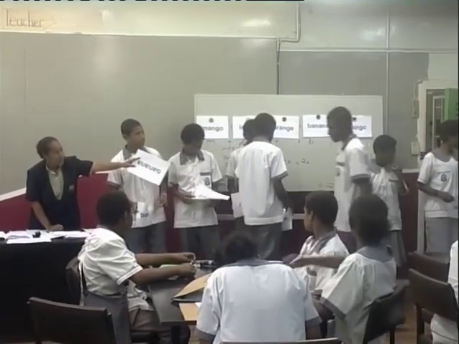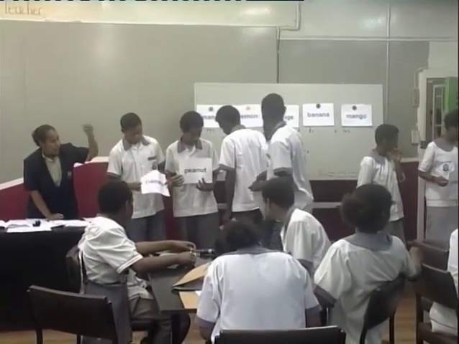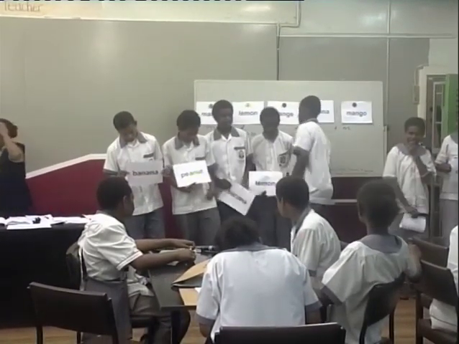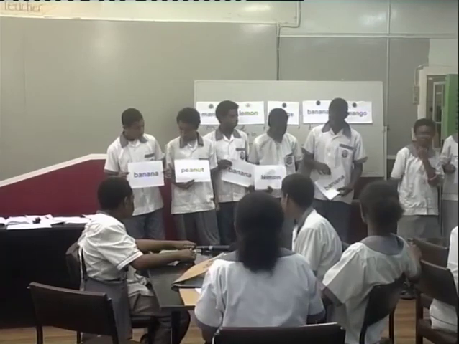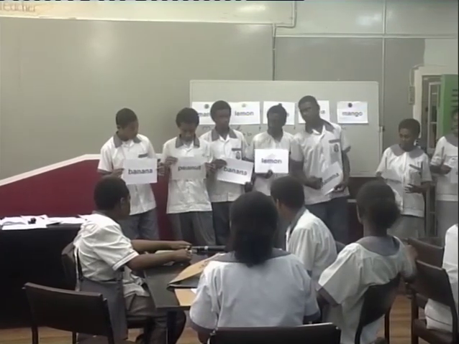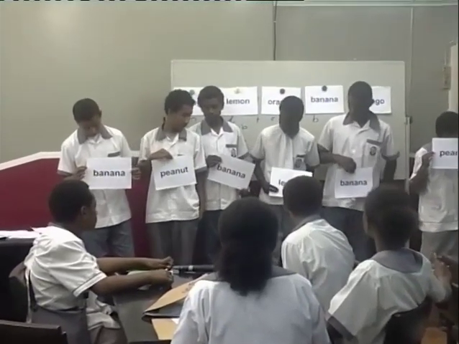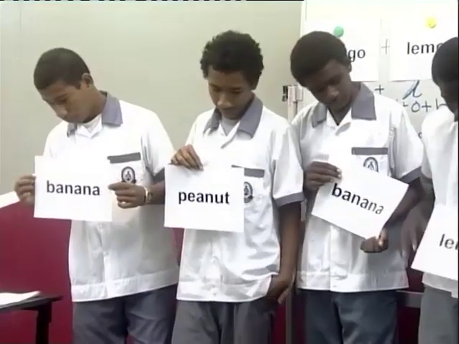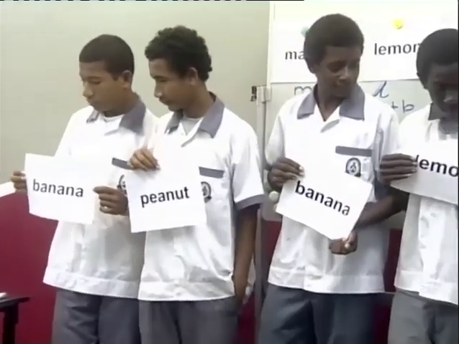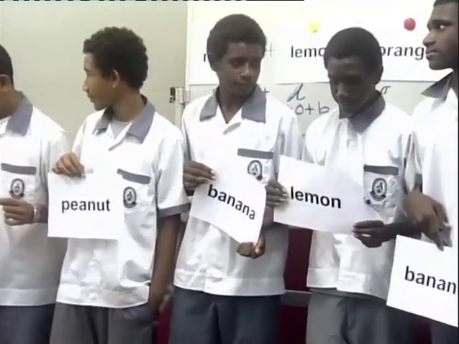All right, class, I'd like you to see how many fruits are there, plus try to see which students are holding the same type of fruits. Right? Have a look and see which ones are holding the same fruits.